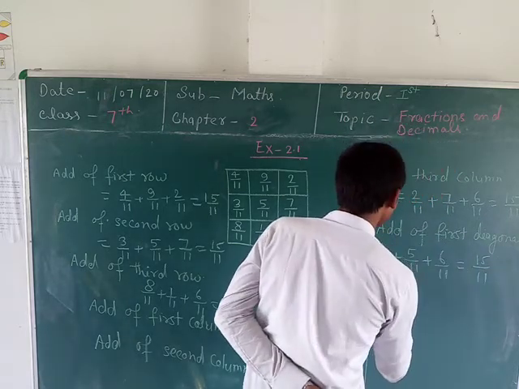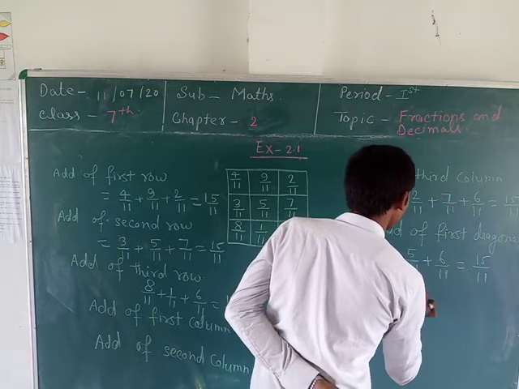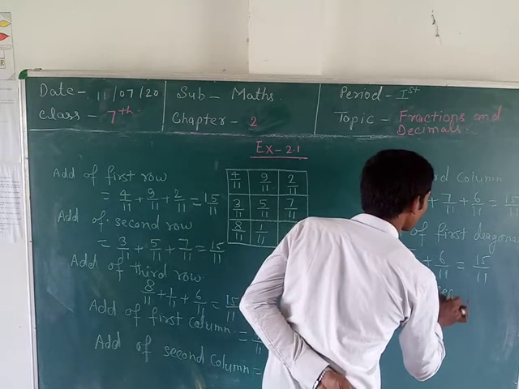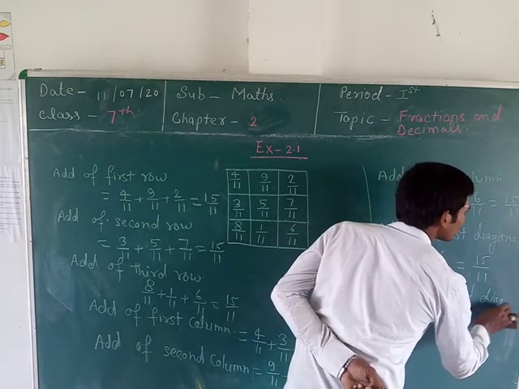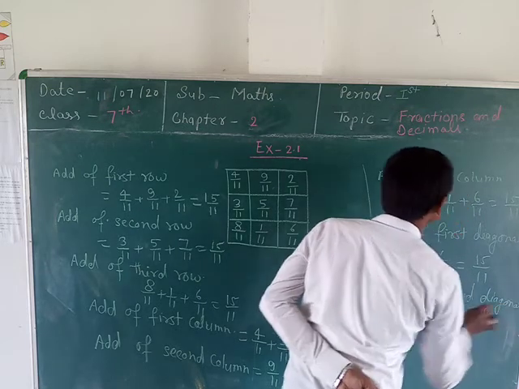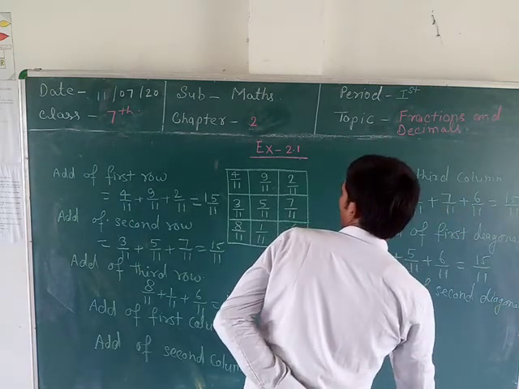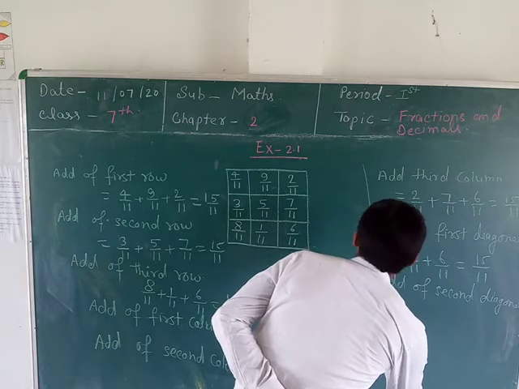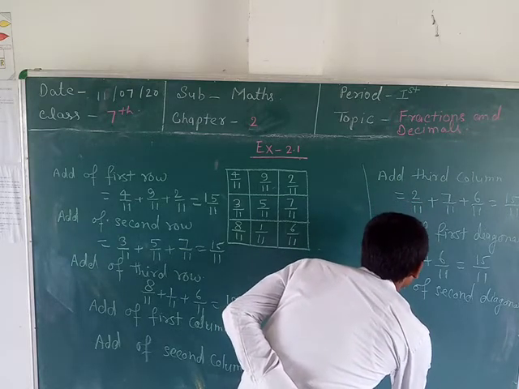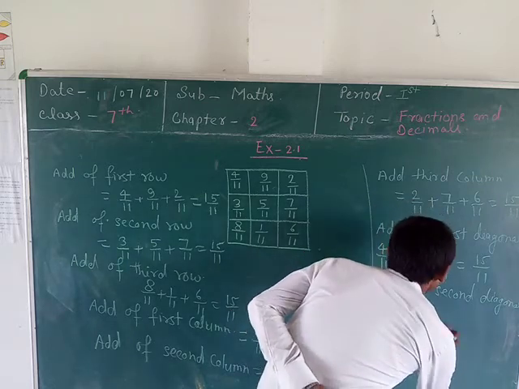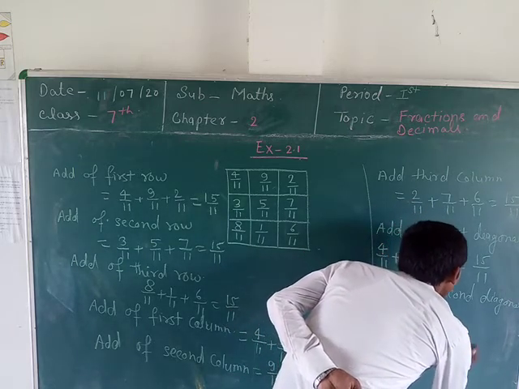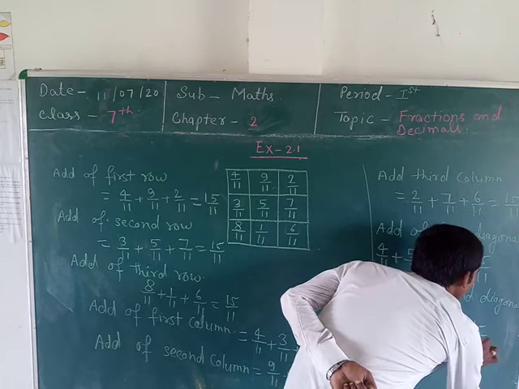Now add up second diagonal. 2 upon 11 plus 5 upon 11 plus 8 upon 11 equal to 15 upon 11.